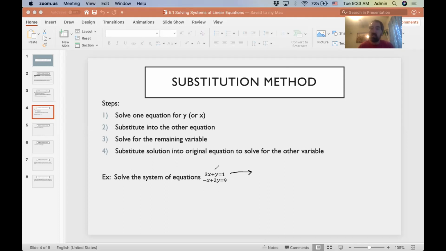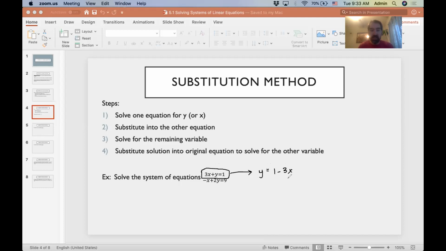That's going to make it easier. So if you have any coefficients that are 1, solve for that. I'm taking 3x plus y equals 1 and solving for y. I can do that by subtracting 3x from both sides. So that's y equals 1 minus 3x.